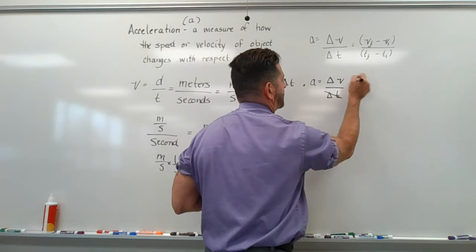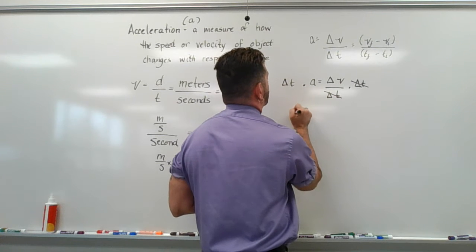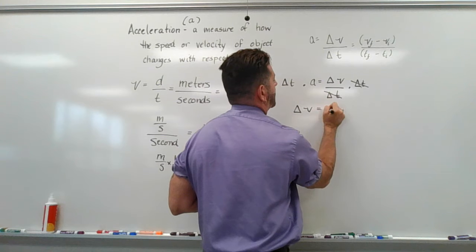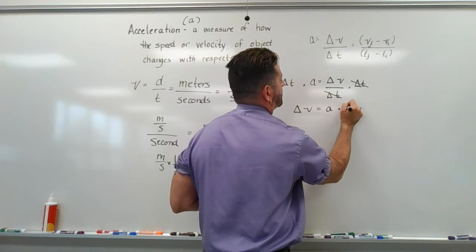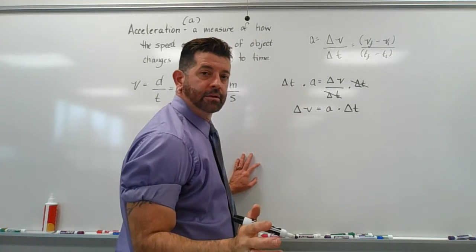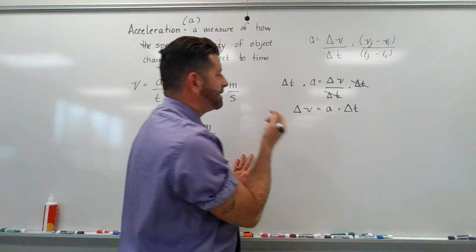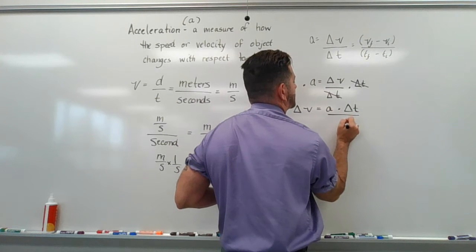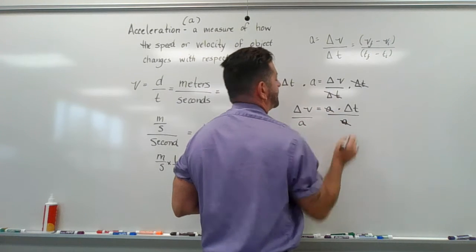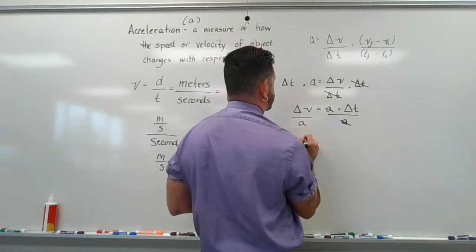So these cancel. And we get delta V is equal to A times delta T. Right? So now, if we want time by itself, we just divide by the acceleration on both sides. The acceleration cancels. And bada bing, bada boom, we know how to calculate time.